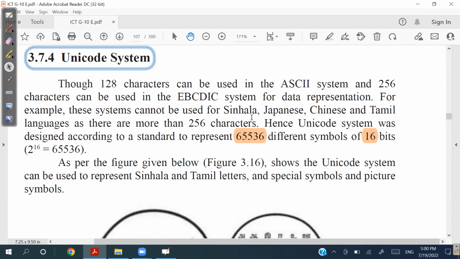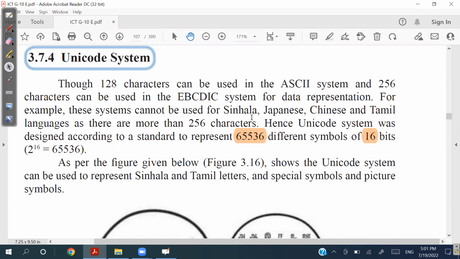But I'm very sure that in the near future we will have to go for another new coding system, because the computer is still growing, right? So regarding the coding systems, all you need to remember is how many bits were used in each of these coding systems.